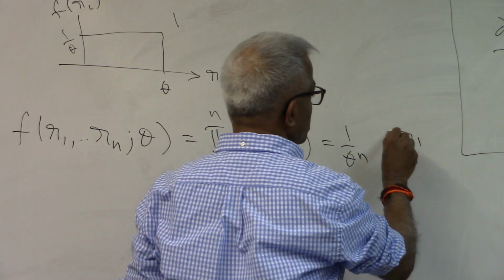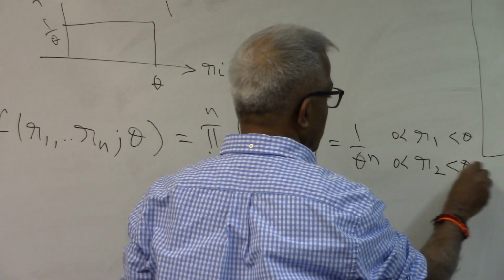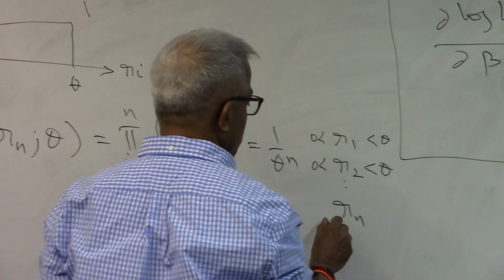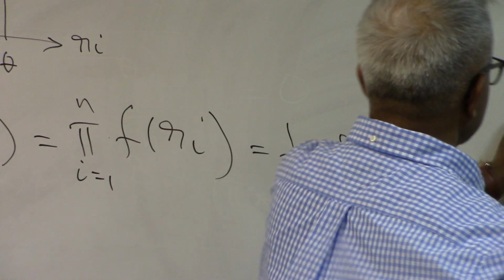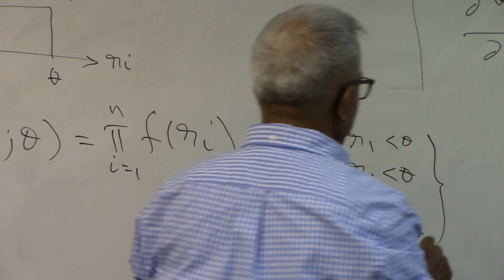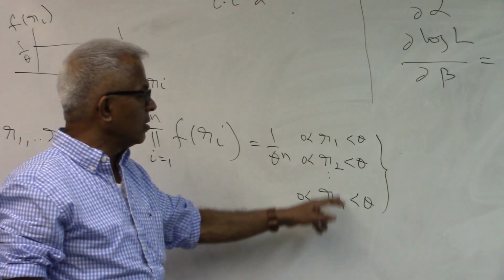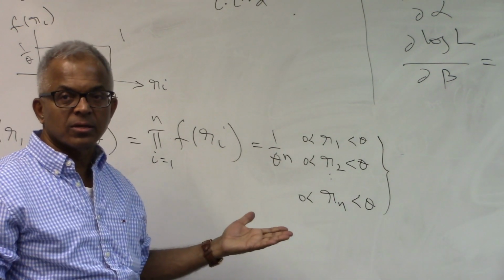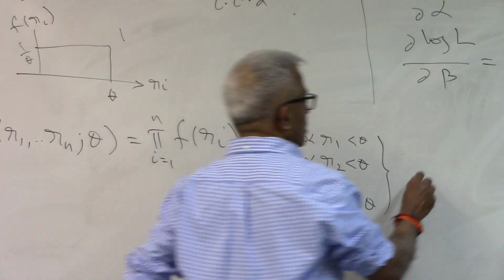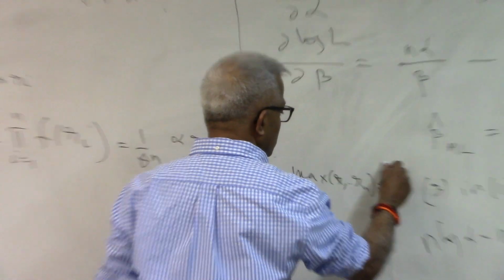That means R1 is between 0 and theta, R2 is between 0 and theta, etc. Rn is between 0 and theta. So how will you express all these conditions together? All of them are less than theta. So that's the same as the maximum of R1, R2, etc. Rn is less than or equal to theta.